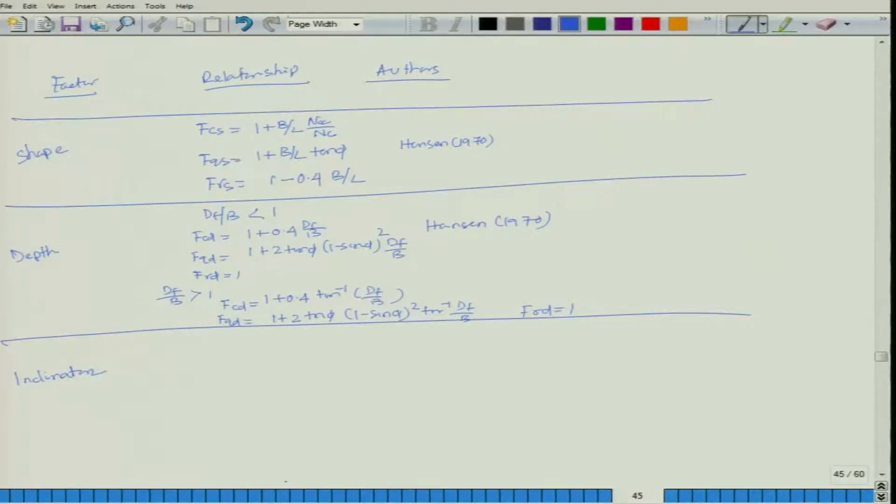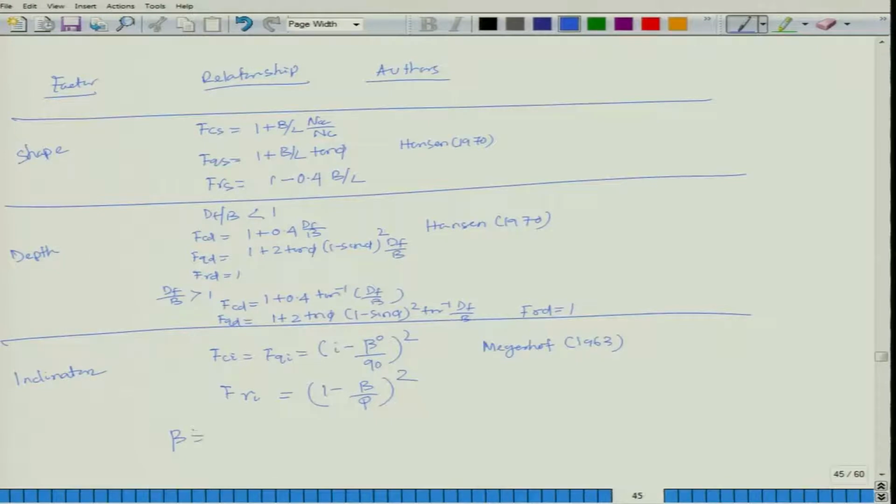Then for inclinations, it has been given by Meyerhof in 1963. FCI, the inclination factor, is equal to FQI, which is equal to 1 minus beta by 90 whole square, and F gamma I is equal to 1 minus beta by phi whole square.